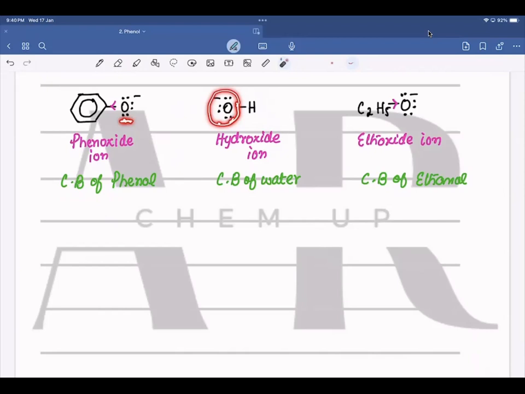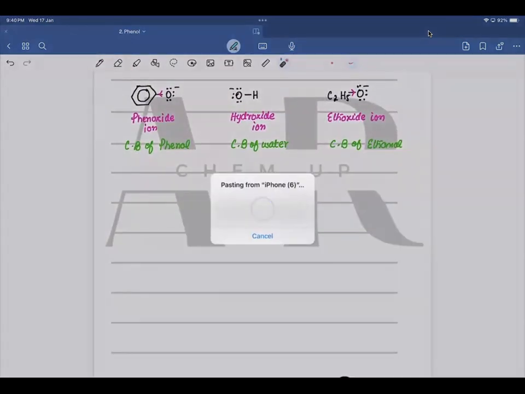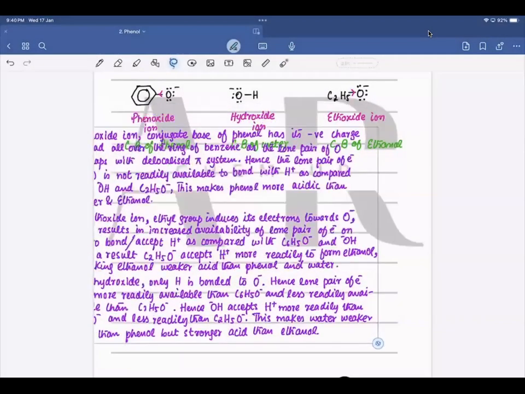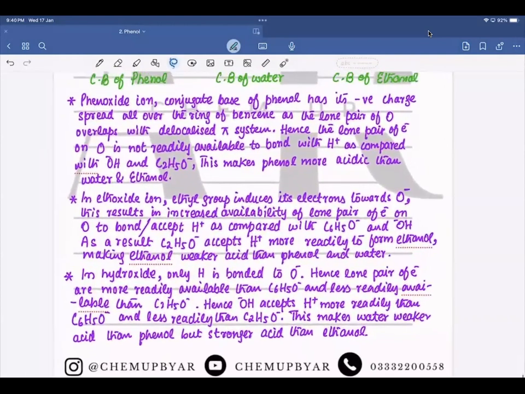And it is less likely to accept the hydrogen ion as compared to ethoxide ion, because there the negative charge density is increased due to the electron donating effect of ethyl, and hence water becomes a stronger acid than ethanol. So if you have to explain these in context of the conjugate bases, you will write these three: one for phenoxide ion, one for ethoxide ion, and one for hydroxide ion.